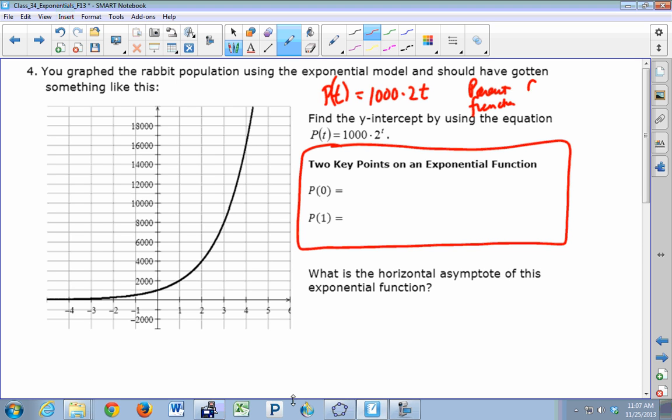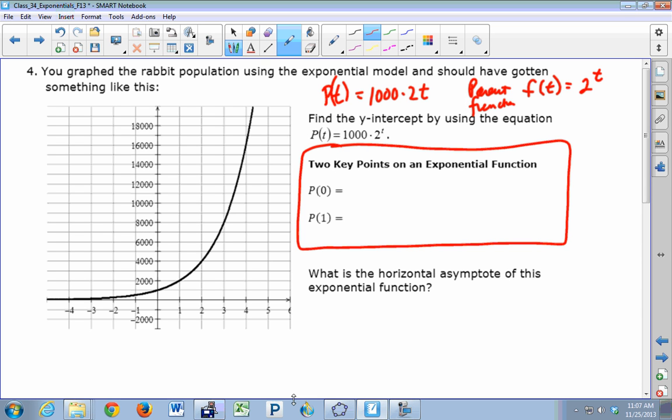Here's our parent function, f of t is 2 to the t. That's our basic doubling function right here, 2 to the t. And here's the one we just looked at with the rabbits. What type of transformation has happened to 2 to the t with our rabbit function versus just our regular parent function? What kind of transformation has happened?